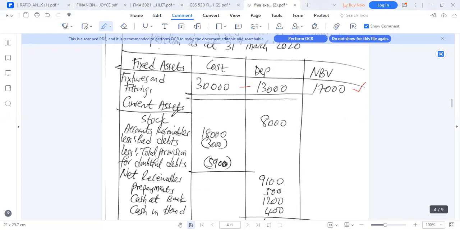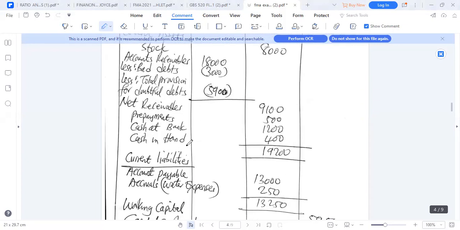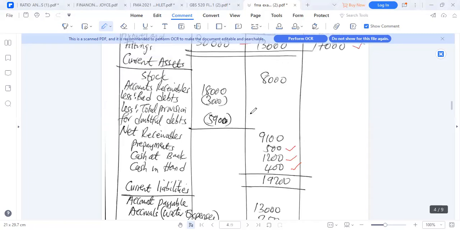Then we go to the current assets. Remember, we have cash at hand, 400 at bank, prepayments, 500. And we have our debtors. Our debtors, we negated 18,000 minus 3,000 minus 5,9. Remember where these calculations were coming from to get 91. And our stock is 8,000. So when you total this up, we get 19,200.